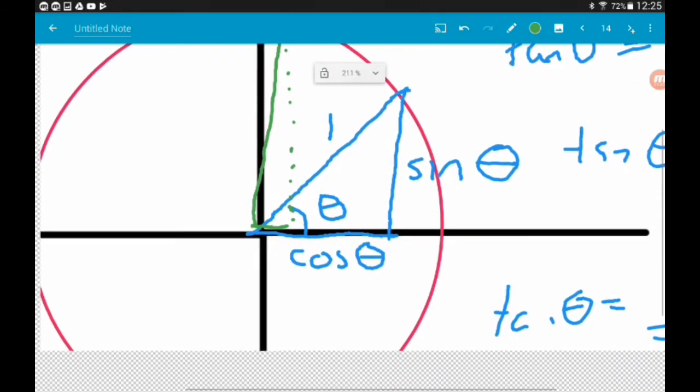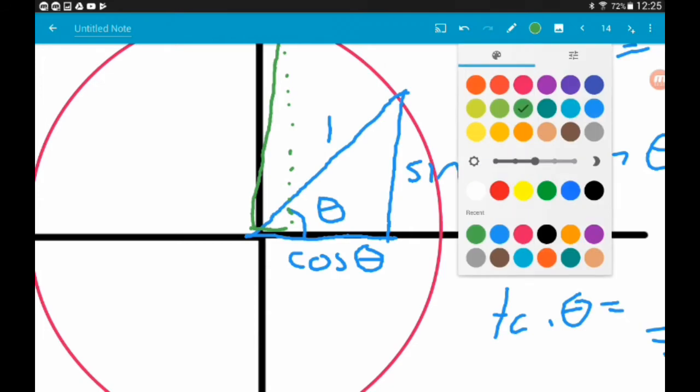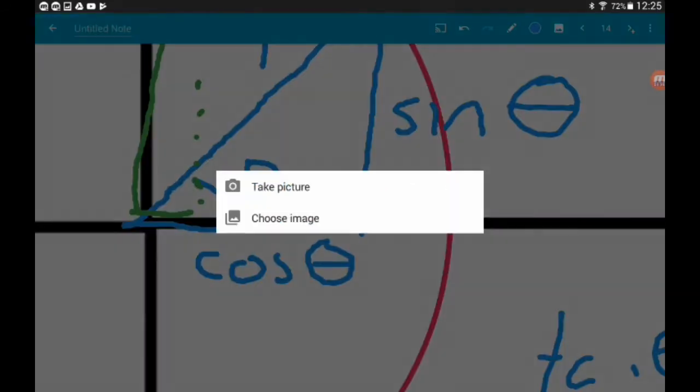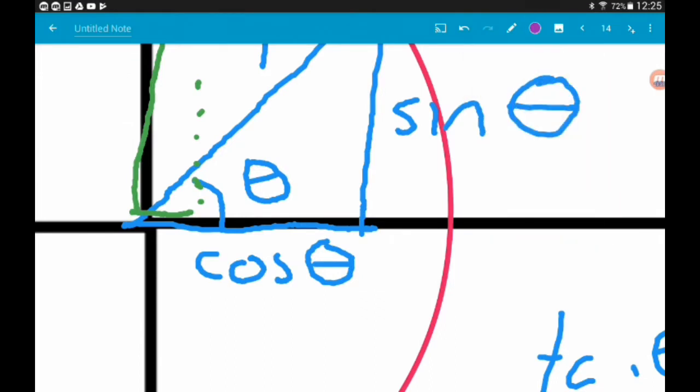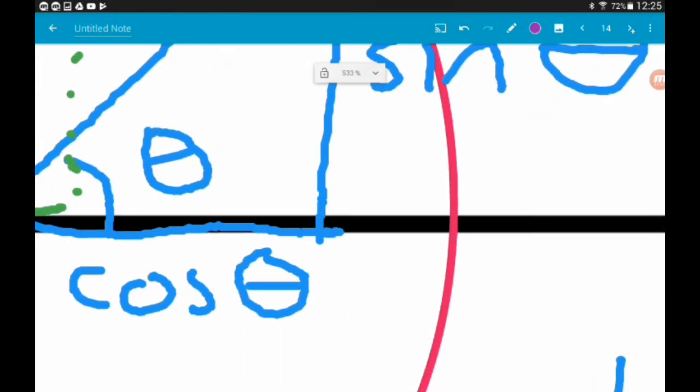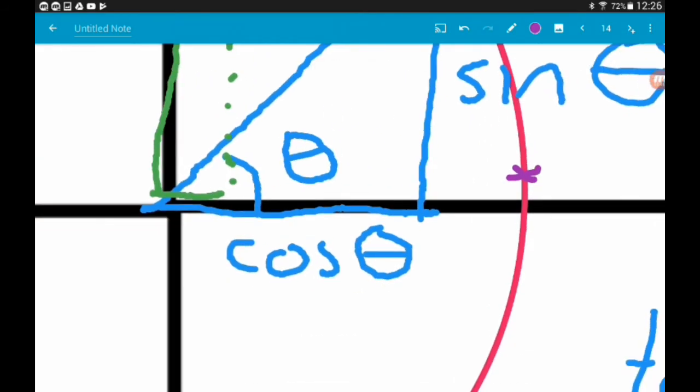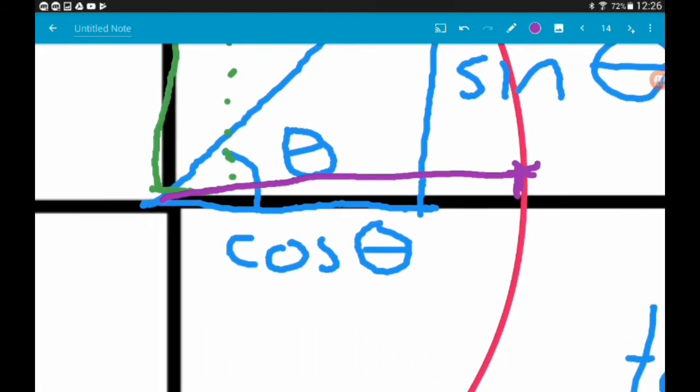If we chose another point, so let's go for a point down here, really close to the x-axis. So somewhere like that. Now here, we've got the completely opposite situation.